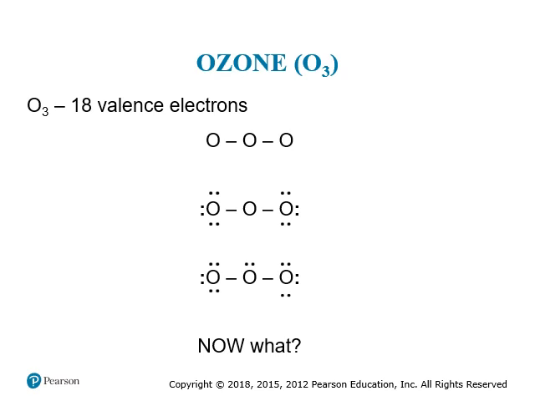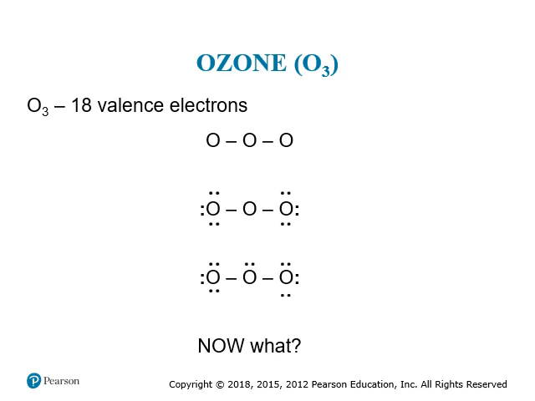Next, we're going to decorate our terminal atoms with valence electrons to complete their octet. Each terminal oxygen requires 6 valence electrons around it to complete its octet. Now, if we look at the central structure, we have 16 valence electrons accounted for.